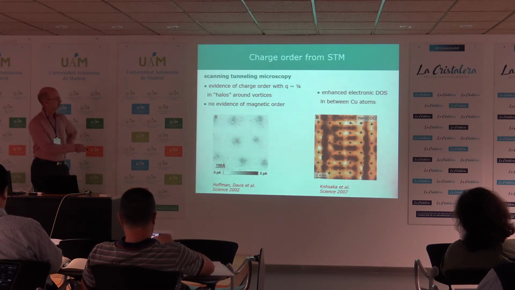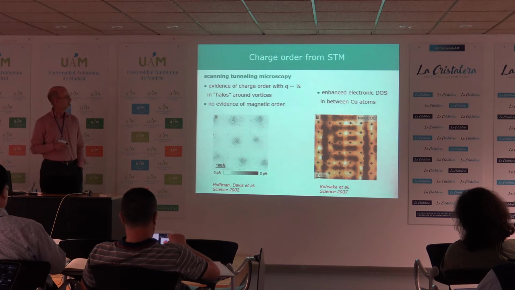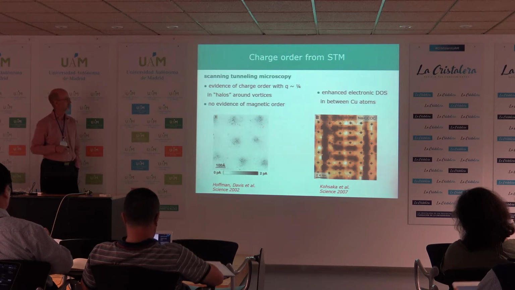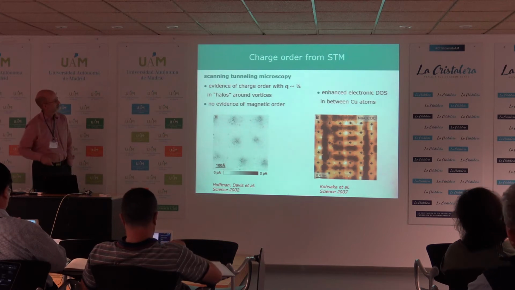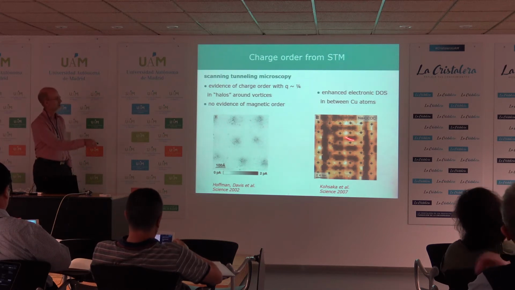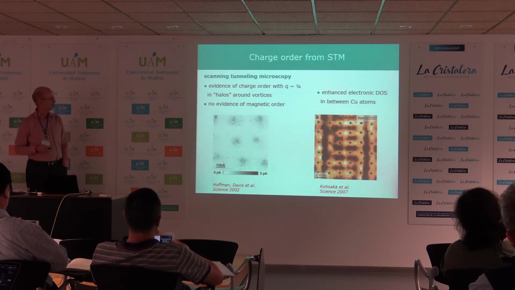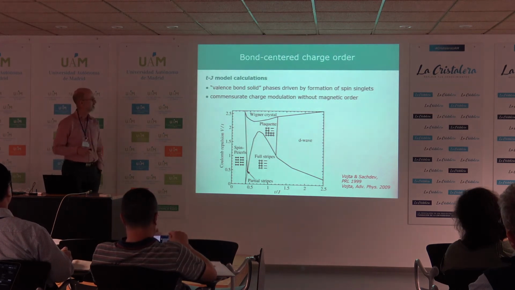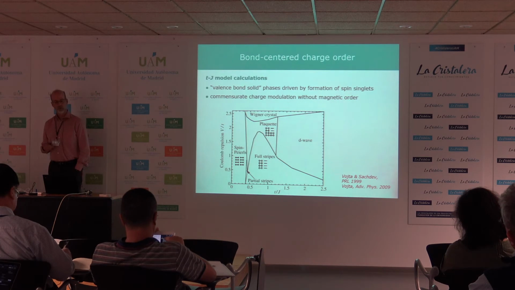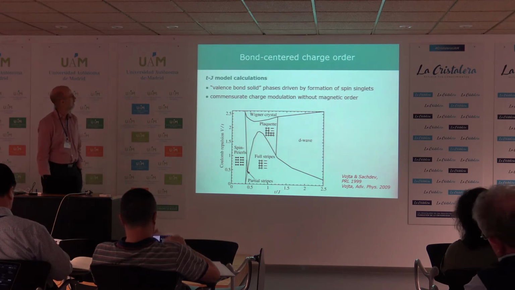Okay, and Seamus also showed this picture here, a detailed picture of one of those charge ordered states, where you see copper atoms here marked by crosses, and the charge is actually piling up in between the copper atoms on the oxygen atoms. And this type of finding is simulated in some theoretical work in the framework of the t-J model.